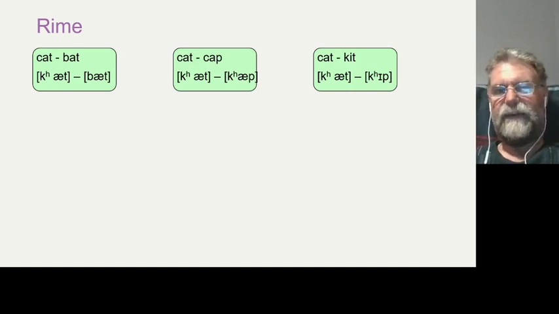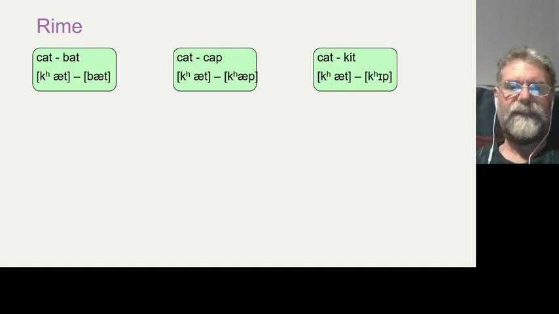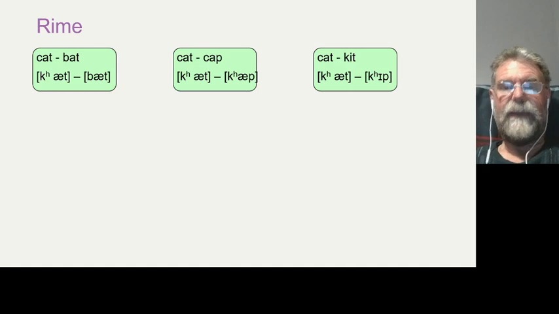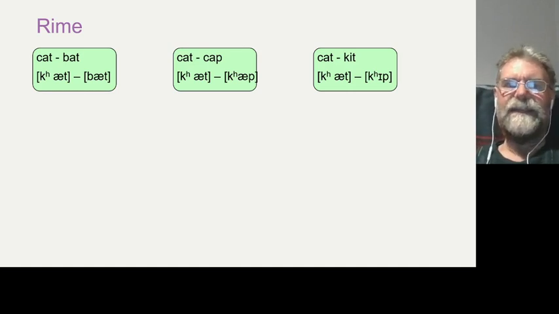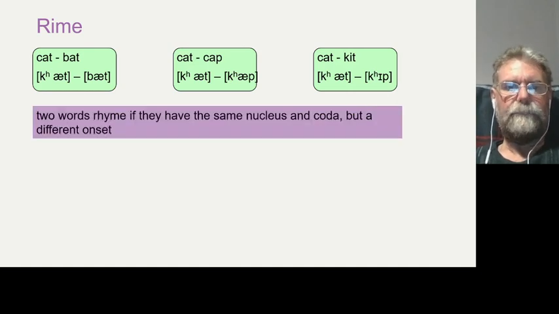Cat and cap have a different coda, but the same onset and nucleus, and cat and kit have the same onset and coda, but a different nucleus. So there seems to be something special about having a different onset, but the same nucleus and coda. We say then that two words rhyme if they have the same nucleus and coda but a different onset. And that seems to suggest that it's something about the nucleus and coda being the same which has a special status in the system.